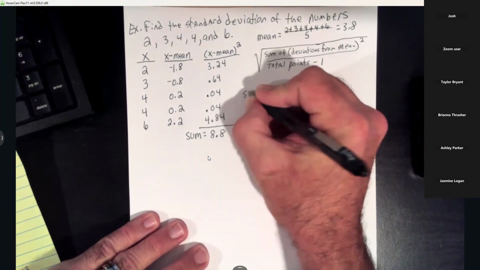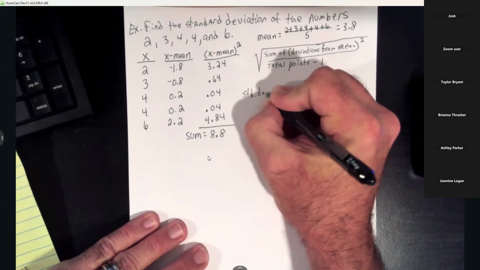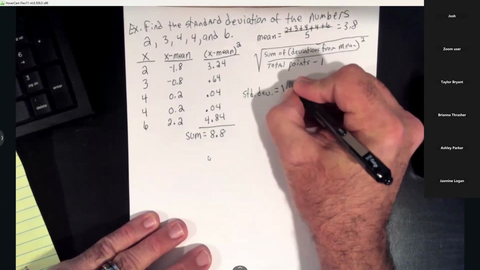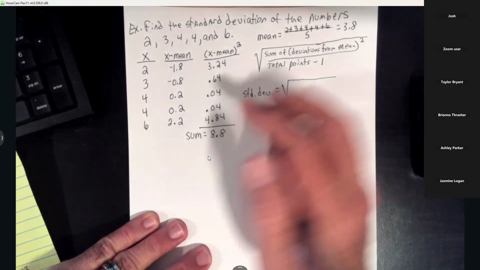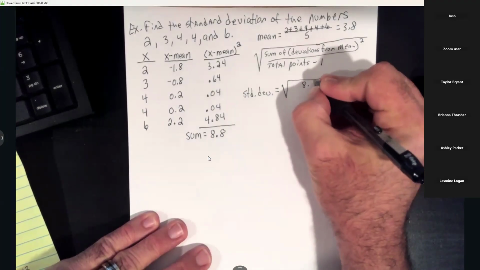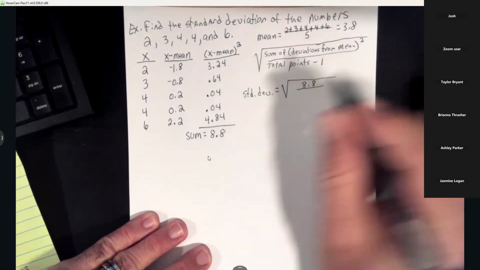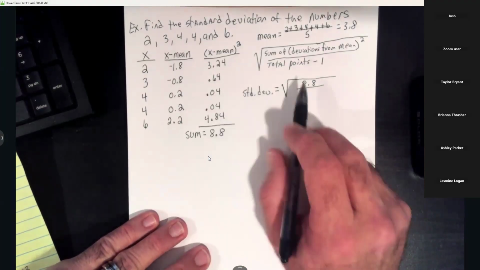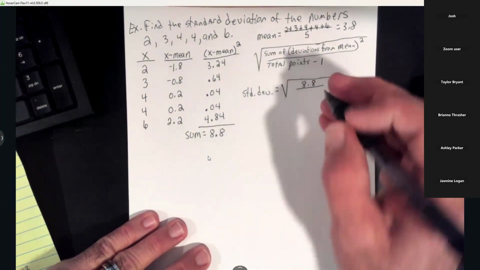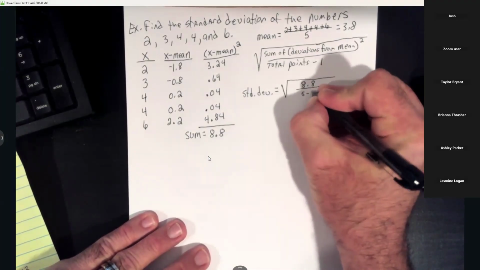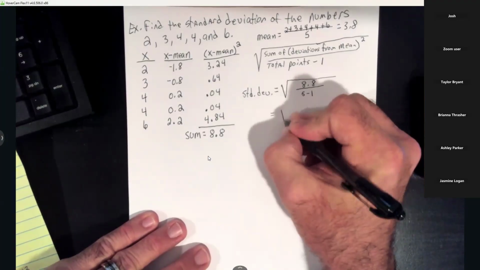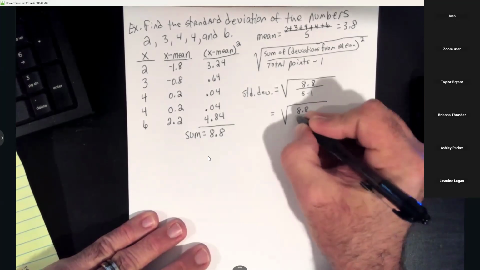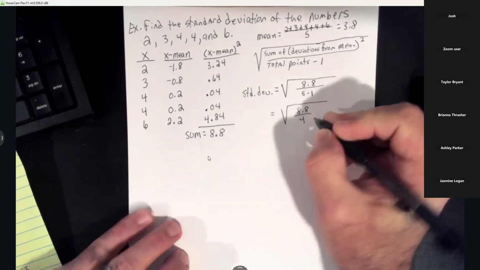And then we'll take the square root of that. So that's going to equal the square root of this 8.8. All right, let's see how many points we had. We had 1, 2, 3, 4, 5 points. So the total points minus 1 would be 5 minus 1. So that'll give me the square root of 8.8 divided by 4.